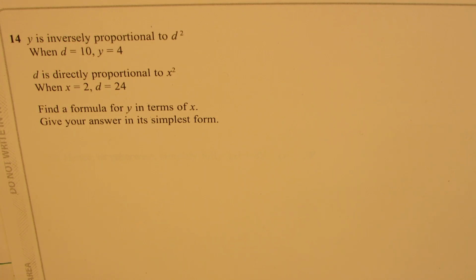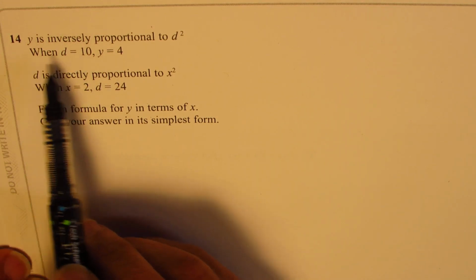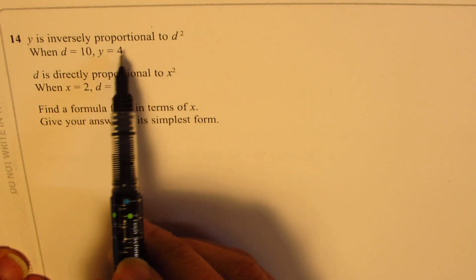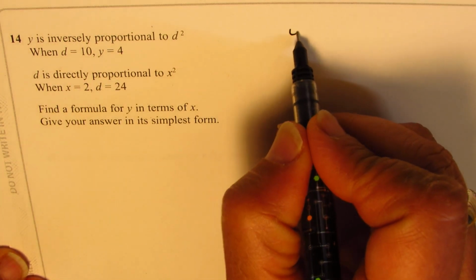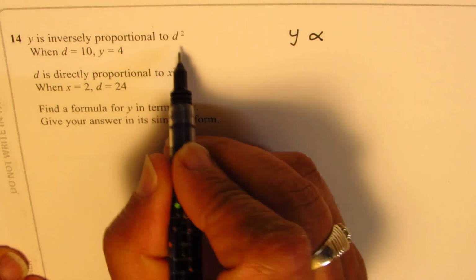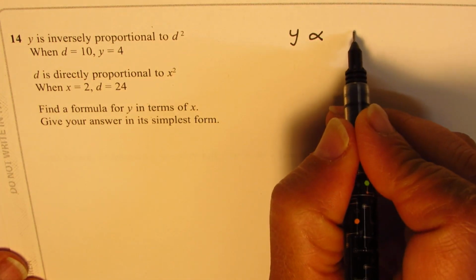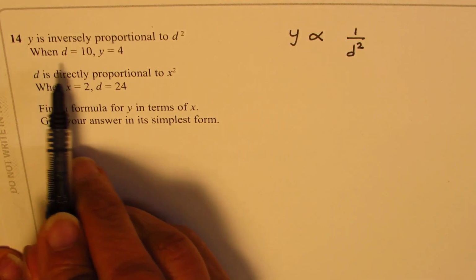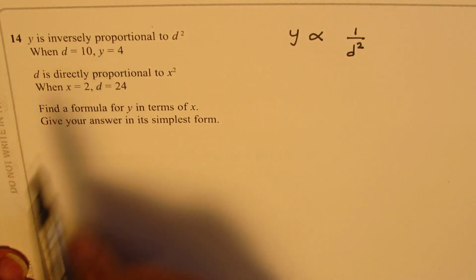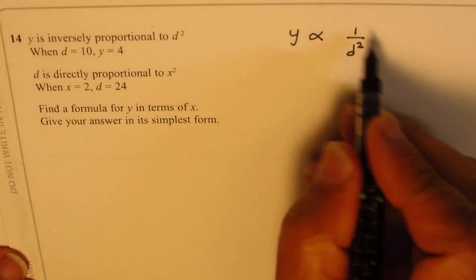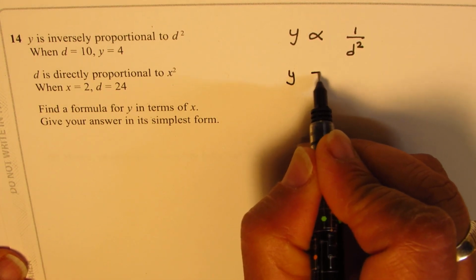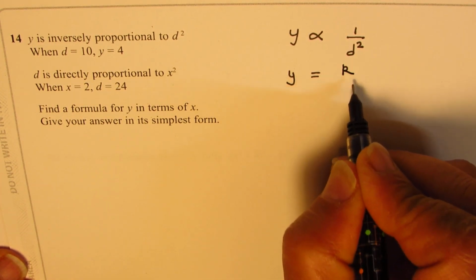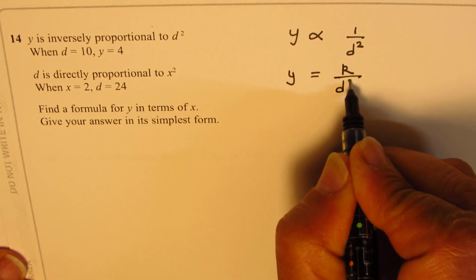The next question is question number 14, which is: y is inversely proportional to d square. Now when we say y is inversely proportional to d square, it means y is proportional to 1 over d square. When d equals 10, y equals 4. All this can also be written as y equals some constant k over d square.